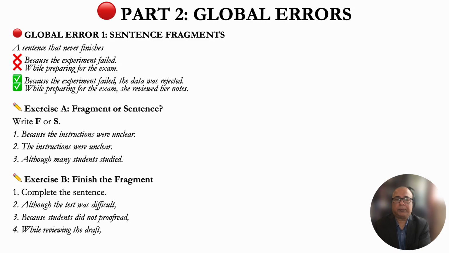Read them carefully and think to yourself, is this a complete thought or is it an incomplete sentence? For exercise B, there are 3 fragment sentences. I need you to write complete sentences. Complete them. "Although the test was difficult," complete the sentence.